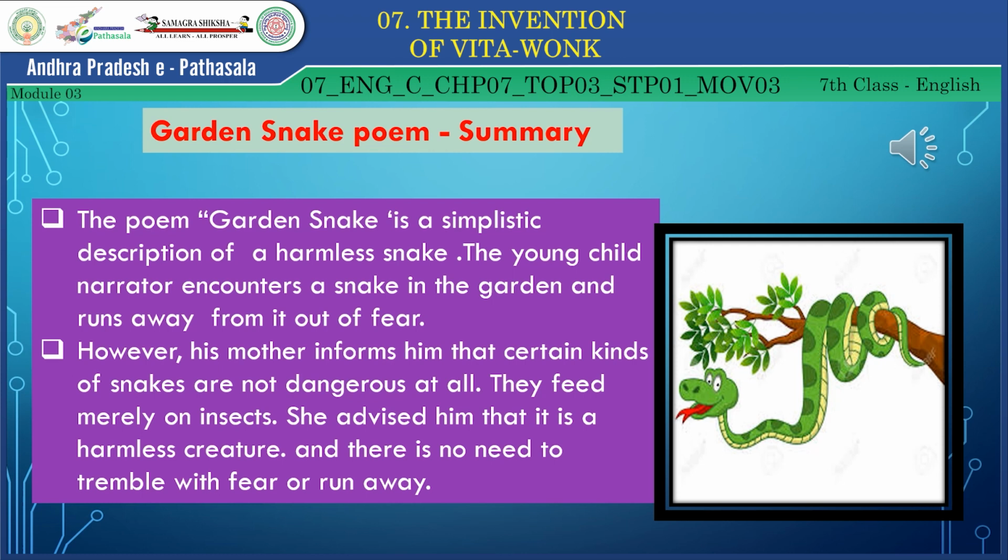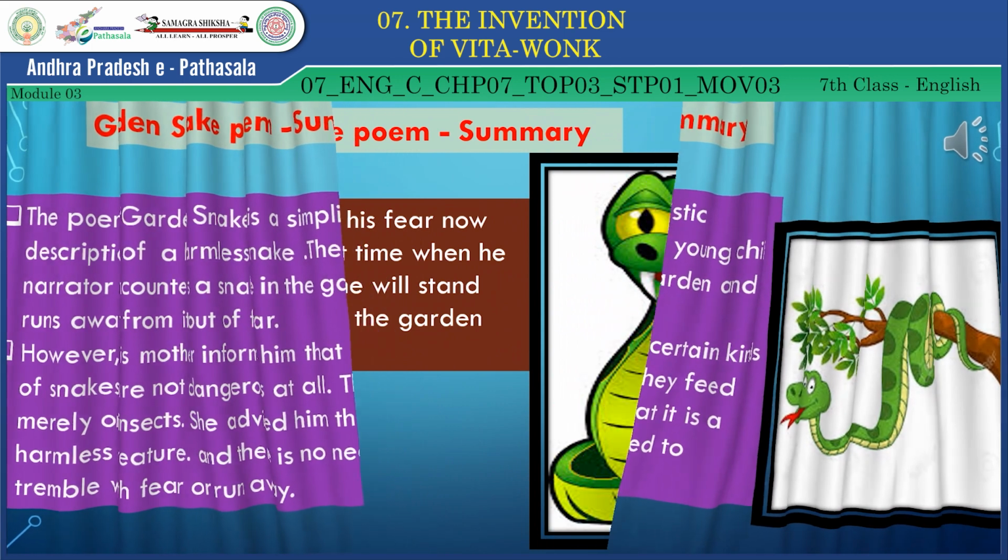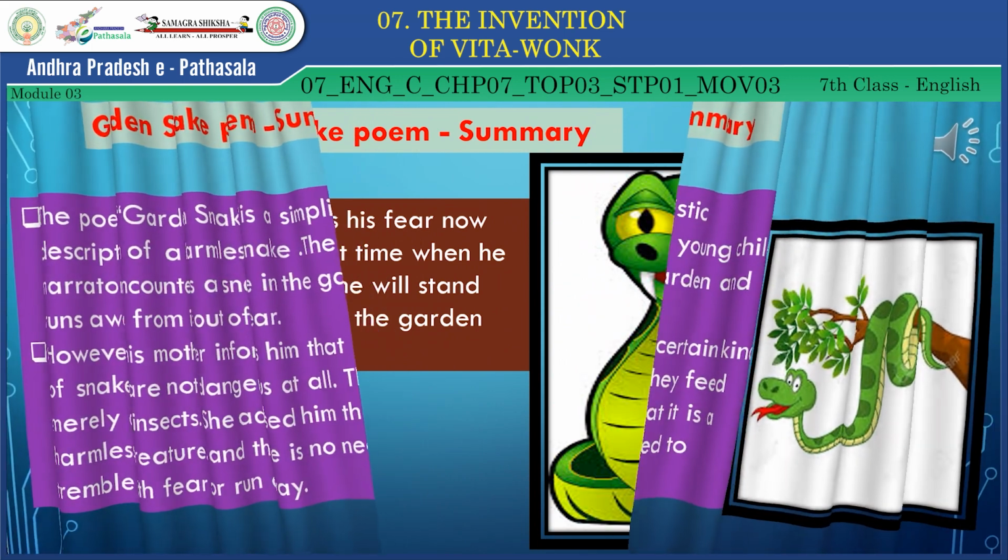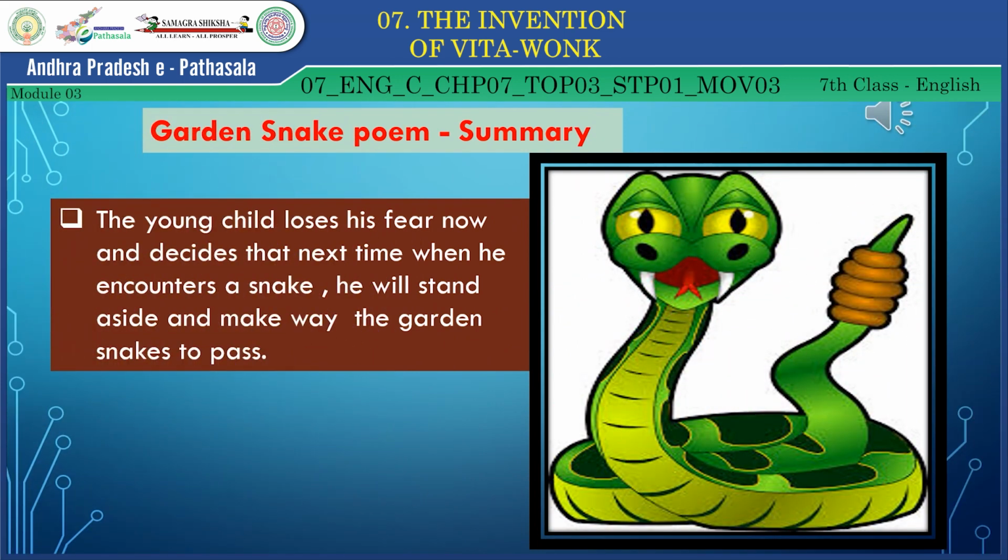She advised him that it is a harmless creature and there is no need to tremble with fear or run away. The young child loses his fear now and decides that next time when he encounters a snake, he will stand aside and make way for the garden snake to pass.